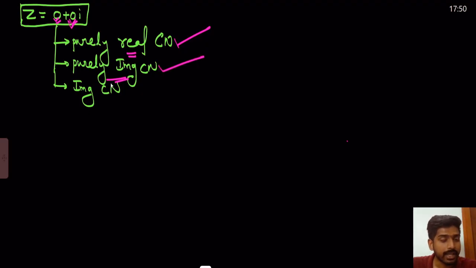But what was the condition for imaginary complex number? The imaginary part should be non-zero. But here we clearly see that the imaginary part is zero. So it is not an imaginary complex number.